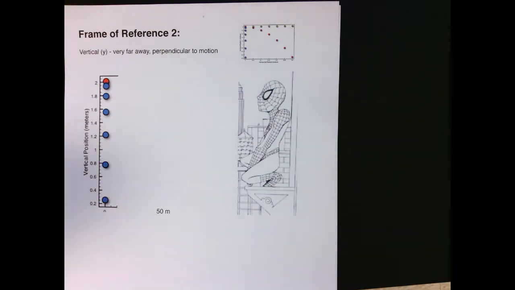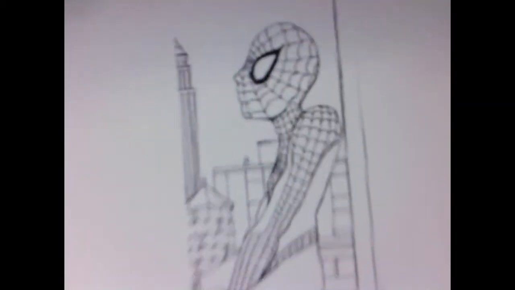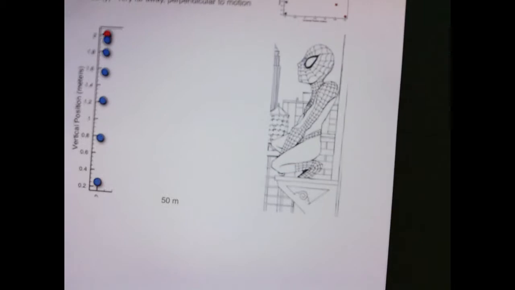Let's suppose we were to get closer to Spider-Man. You will see that Spider-Man's head gets larger. And we call this the angular magnification. So when something is moving close to us and a significant part of the distance is covered, it will appear to grow larger.